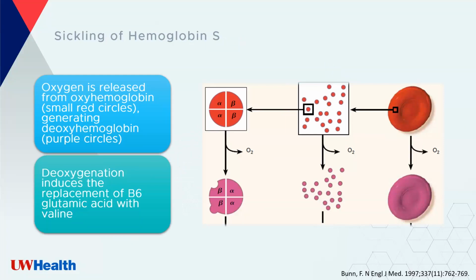The small red circles represent the oxygen that is released from oxyhemoglobin, and then they are deoxygenated, where you'll see the purple circles. And upon the deoxygenation, you'll find valine in replacement of the glutamic acid, which is normally seen.